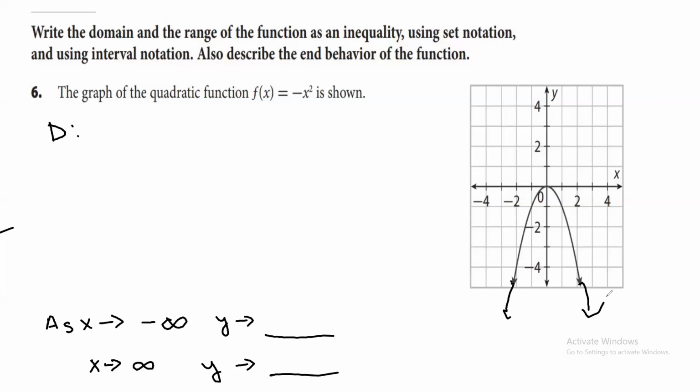That's what those arrows mean. And since they go on forever, it's eventually going to hit all possible x values, right? Because there's no restriction here. So your domain is going to be negative infinity to positive infinity. Oh, that's so ugly.